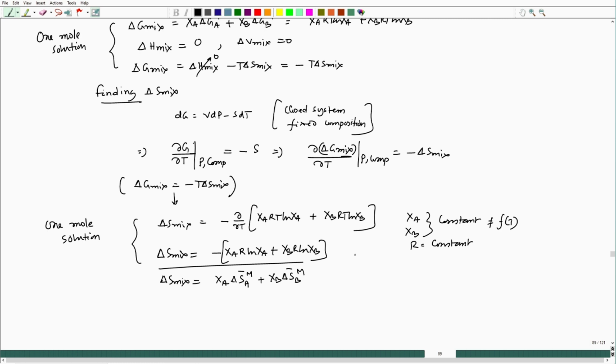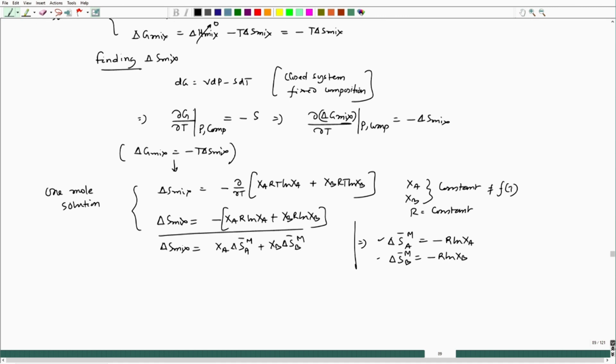And hence we can write del S bar m A equal to minus R ln XA and del S bar m B equal to minus R ln XB. So these two quantities are basically the partial molar entropy change due to the solution formation of A component and B component.